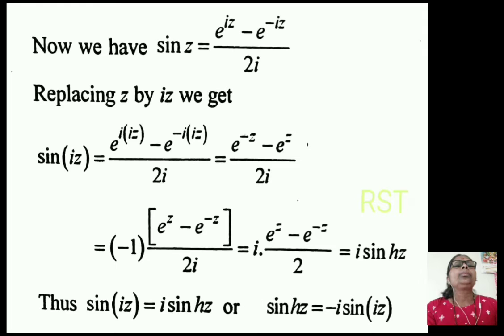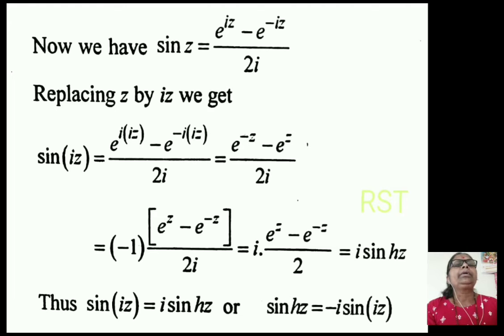Now, consider sin z equal to e raised to iz minus e raised to minus iz upon 2i. Replacing this z by iz, we get sin of iz equal to e raised to i times iz, minus e raised to minus i times iz.